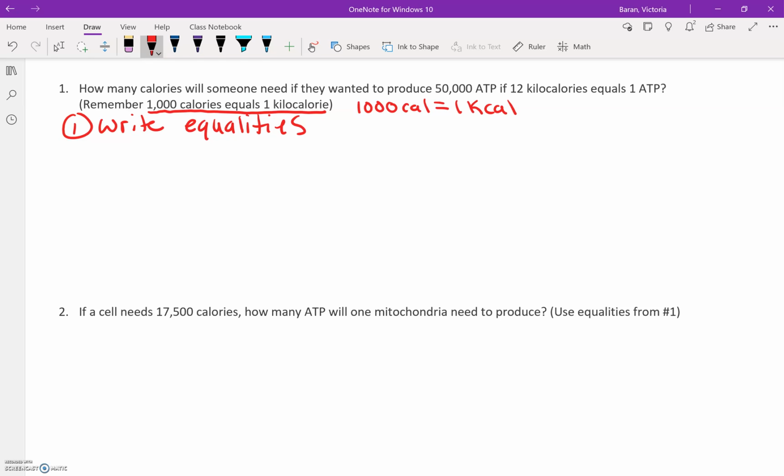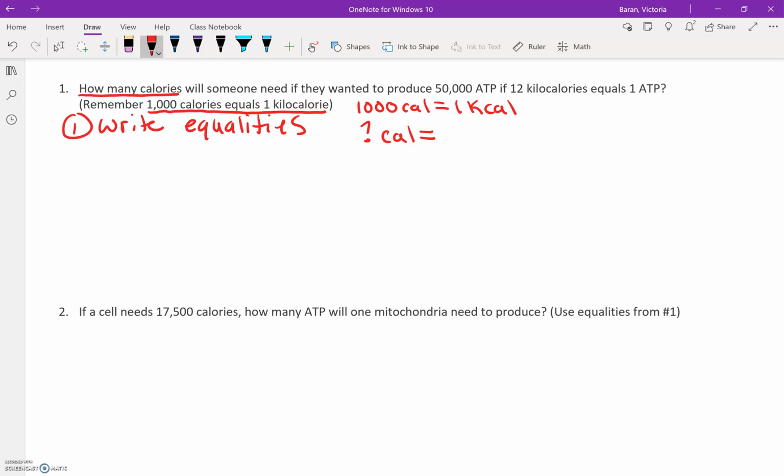So if I'm starting from the beginning, it says how many calories. So remember, if you see how many or how much, you don't know how many calories, that's what you're trying to figure out. That means question mark calories. You don't know how many, that's what you're trying to solve for. So question mark calories is equal to, so let's keep reading the problem.